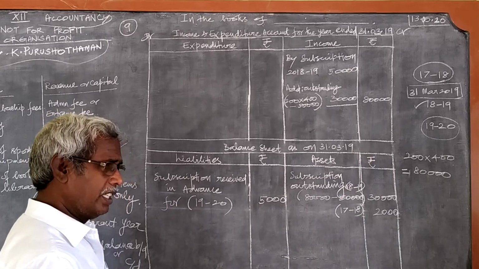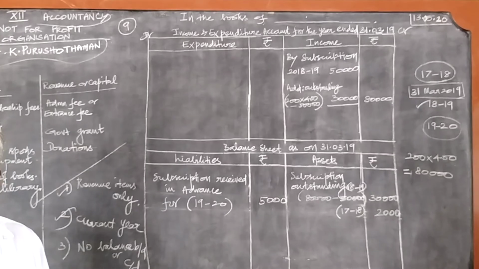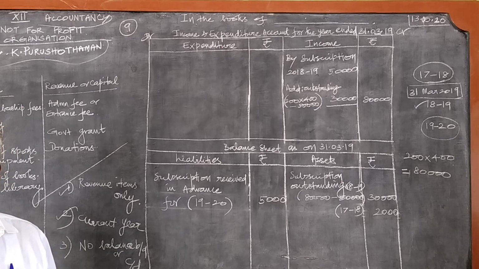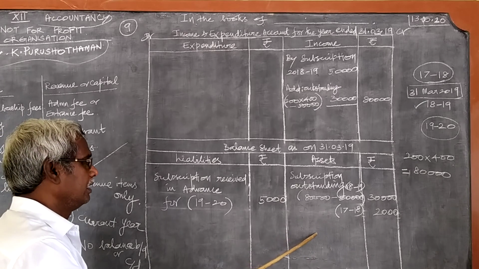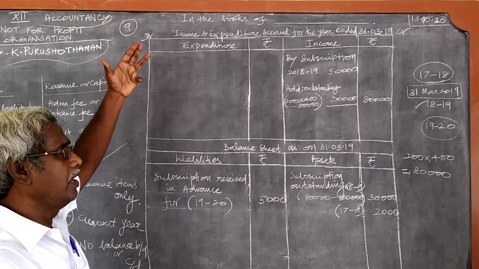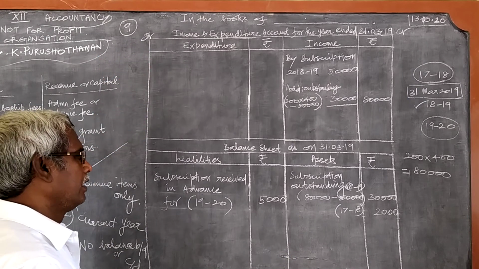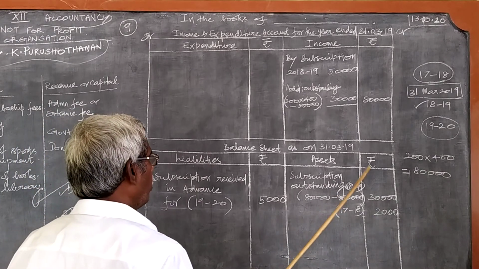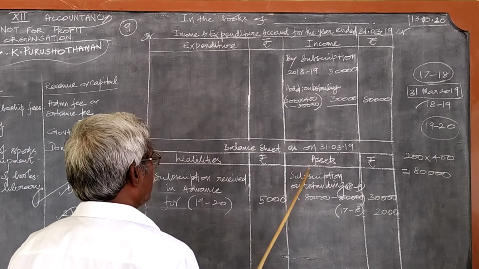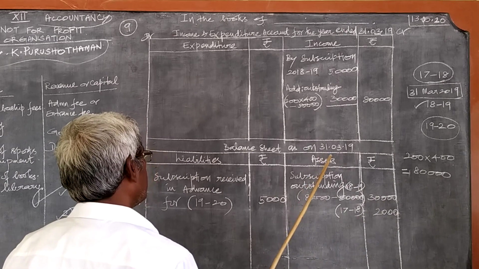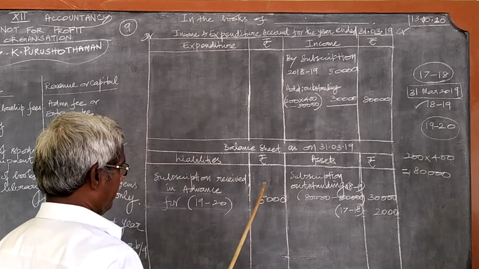And in addition, in the additional information under the tabular column, there is a sentence given, subscription still outstanding for the year 2017-18. The previous year also 2,000 rupees pending. So totally 32,000 is the pending outstanding subscription. So it is an outstanding income. So it should be written on the asset side.